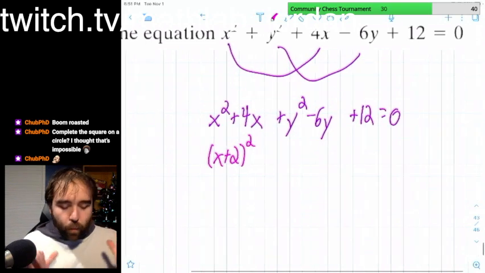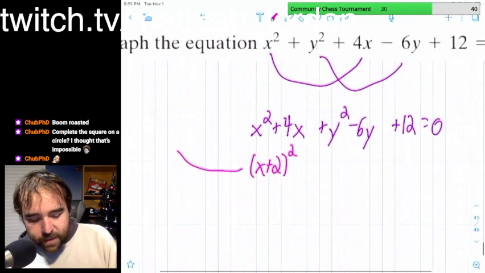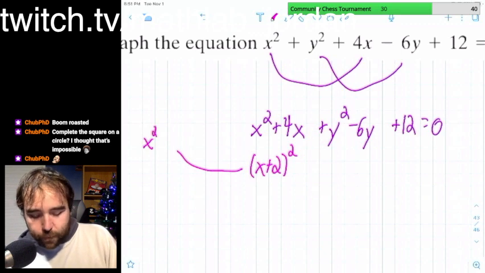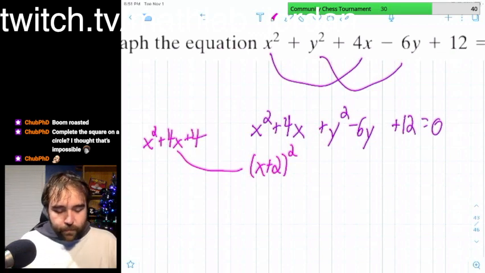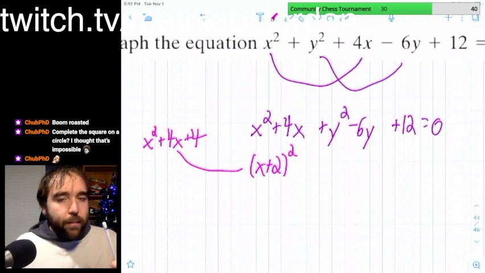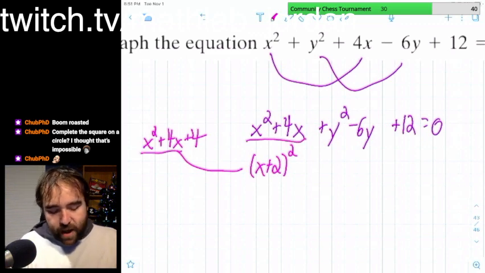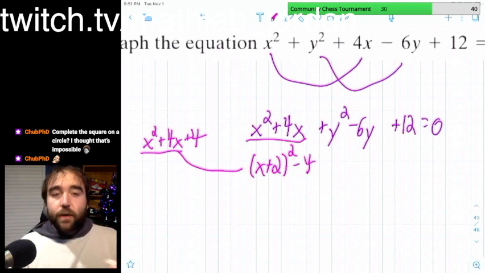And again, why x plus 2 squared? So let's come out here to the side and let's say, what is x plus 2 squared? Well, if you FOIL it out, x plus 2 squared is x squared plus 4x plus 4. But then notice that when we have what we want up here, we don't want that plus 4 at the end. We just want the x squared plus 4x. So to do that, honestly, we just simply subtract the 4.